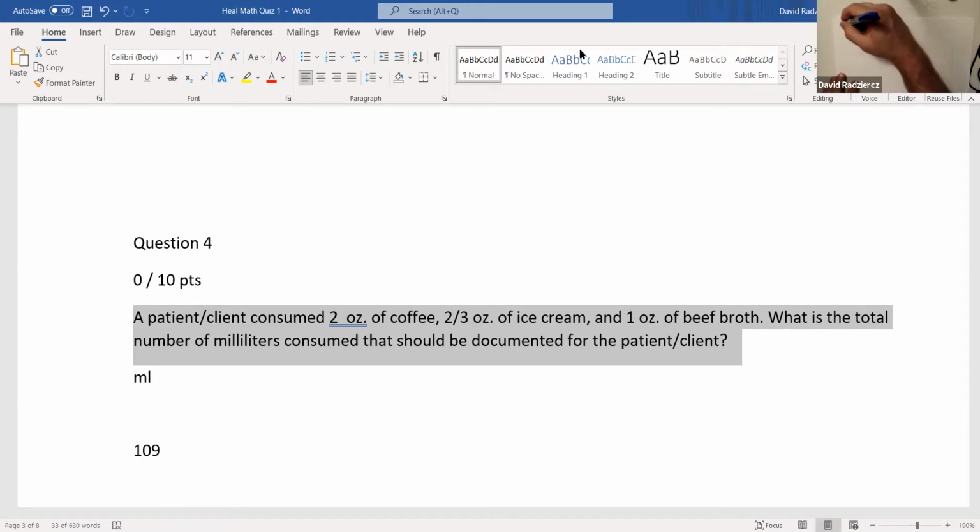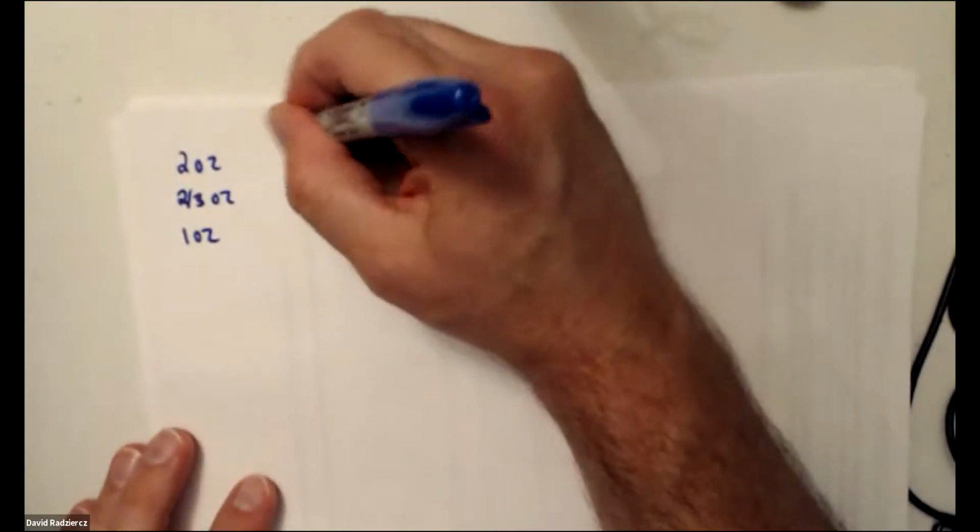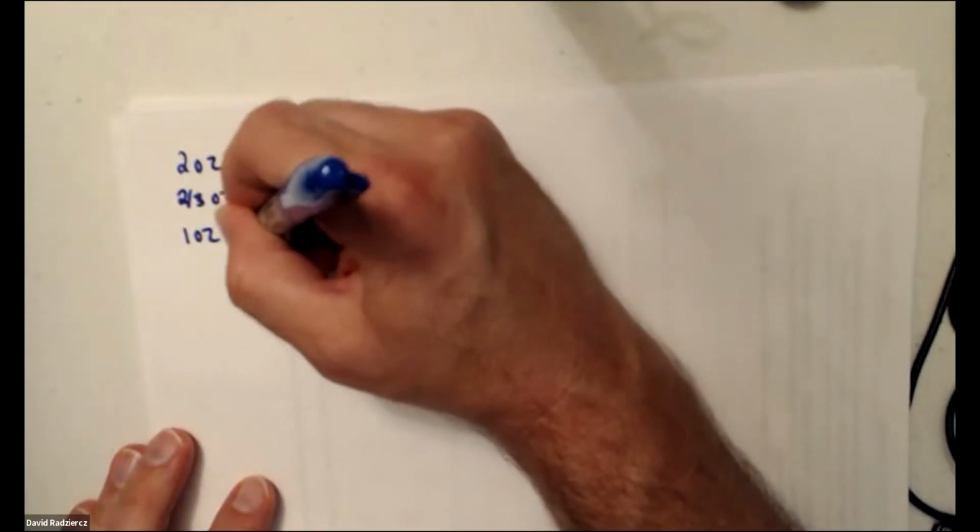So let me write out the 2 ounces, 2/3 ounces ice cream, and then 1 ounce of broth. 1 ounce is equivalent to 30 milliliters. So if this is 30 milliliters, this is 60 milliliters.